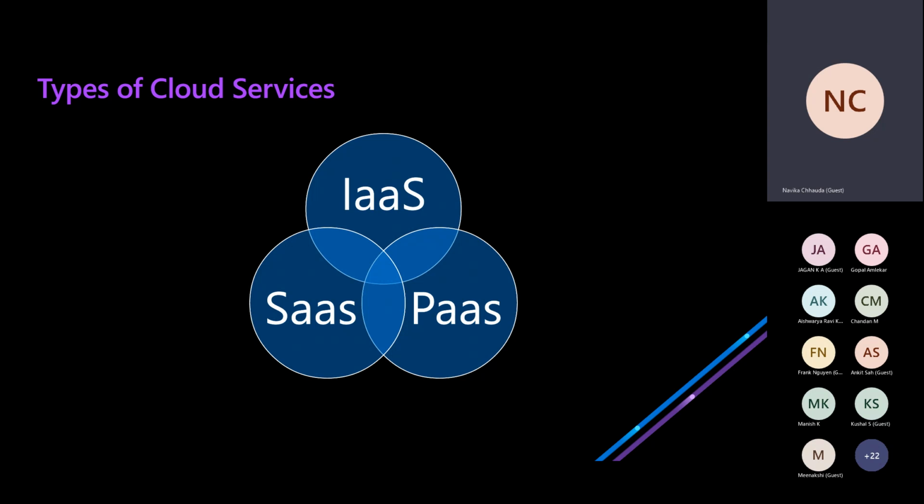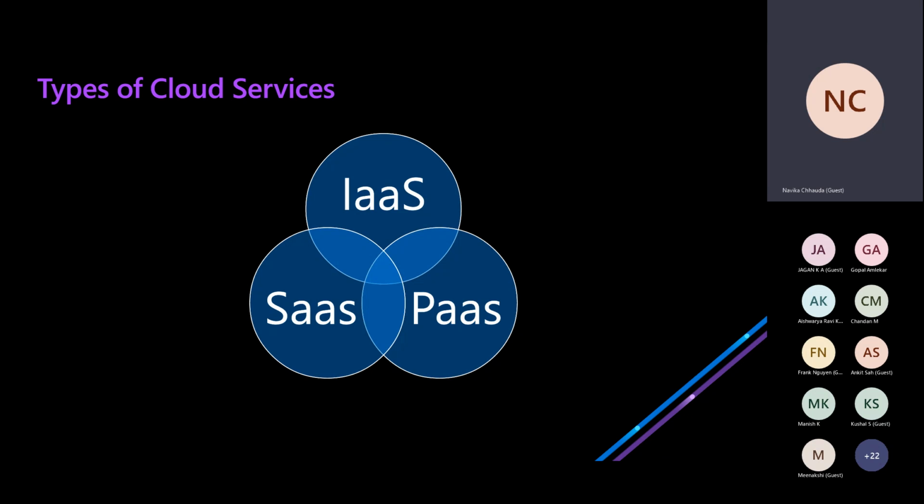Coming on to SaaS, it stands for Software as a Service. This is centrally hosted and managed by the cloud provider, right? For the end customer by the cloud provider, to be more clear. So here what happens is it's basically based on an architecture where one version of the application is used for all the customers.